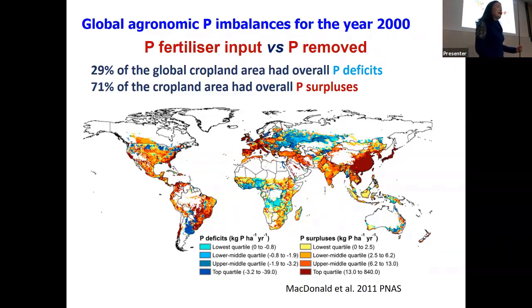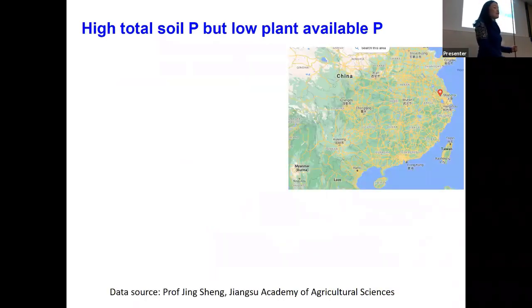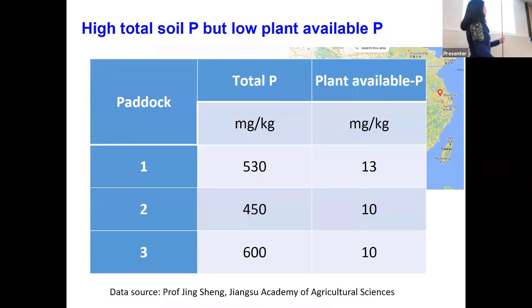So the question is, the total phosphorus is building up in the field, but does that also mean the plant available phosphorus is increasing accordingly? We have some data from a paddock along the southeast coast of China. We found that total phosphorus accumulated to very high, up to 600 ppm.